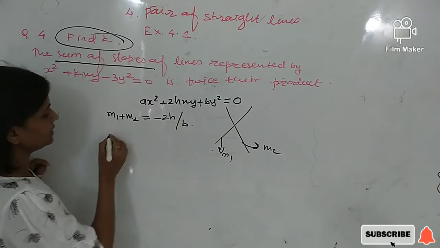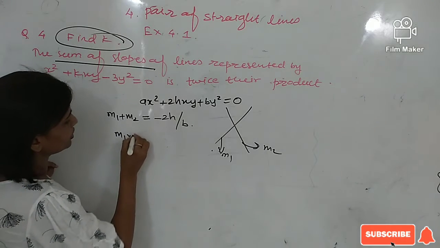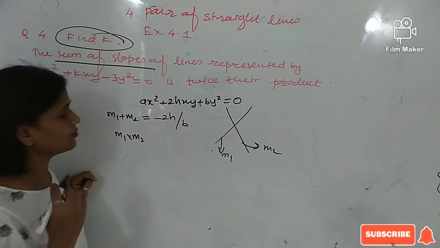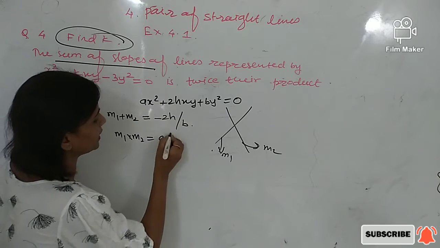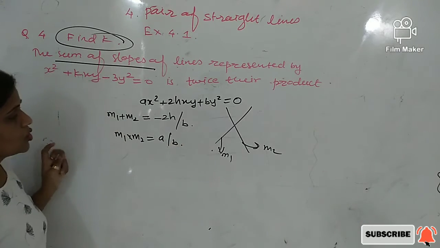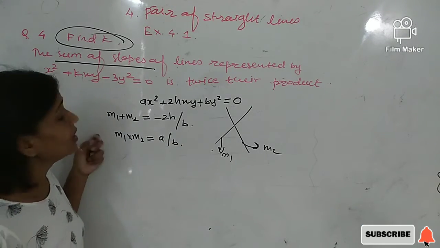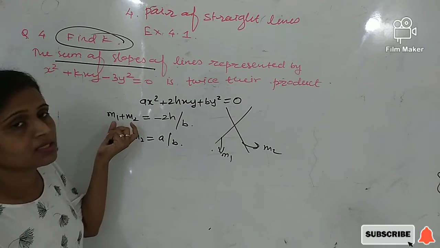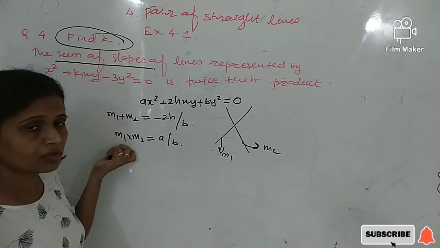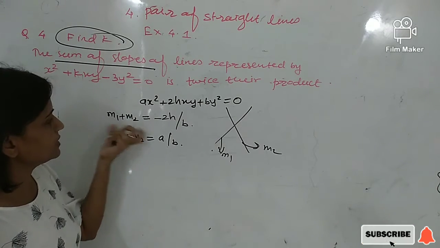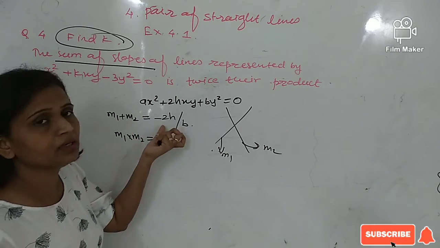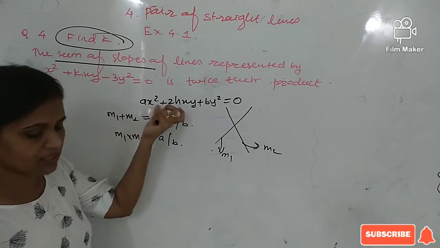And the second relationship is that m1 into m2, the product of slopes, is equal to a upon b. So this is the relationship between the sum of slopes and the product of slopes and the coefficients.